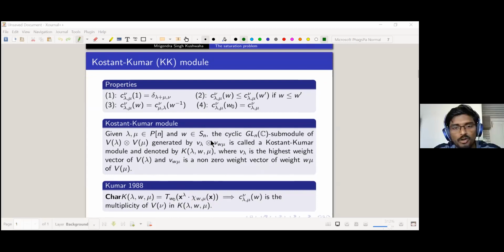Then take the cyclic submodule of the tensor product generated by this vector, denoted by K lambda W mu, and we call it the Demazure-Kumar module. The character of this module is given by Kumar. And what is this character? The character is exactly T_W naught acting over the polynomial x power lambda times this key polynomial. Remember, this thing we used to define the refined LR coefficient. So this character formula implies that the refined LR coefficient is the multiplicity of V nu in the Kumar module.